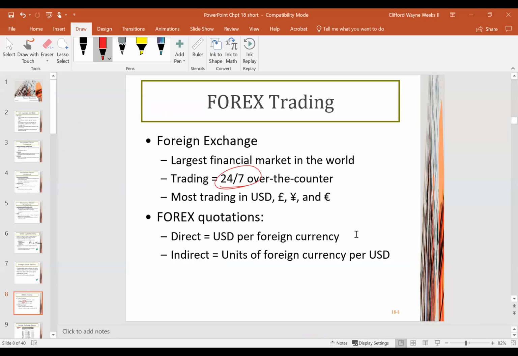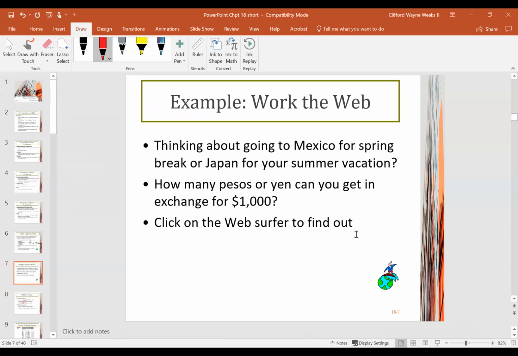A lot of the steps that we're going to take for these exchanges are kind of antiquated because now we have technology, but we're still going to walk through this. So we'd have that 107 thousand yen if we had $1,000.